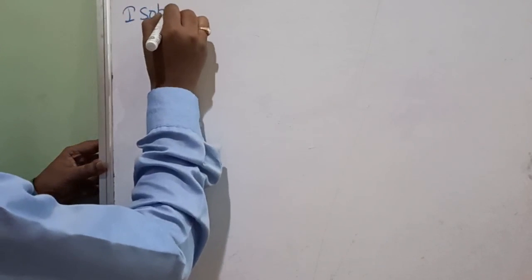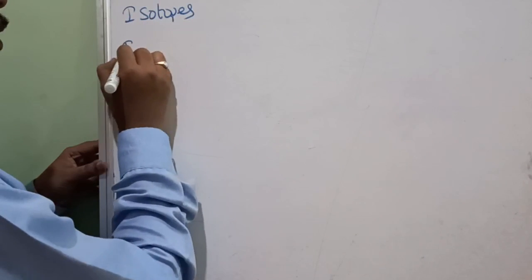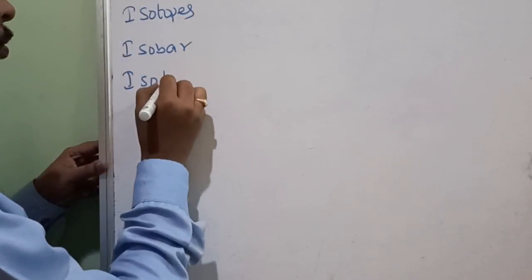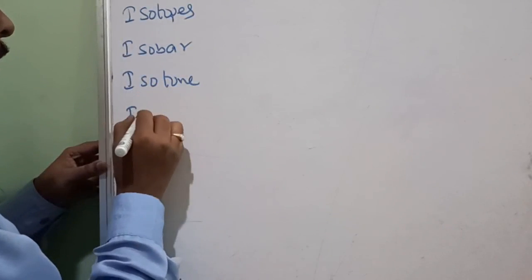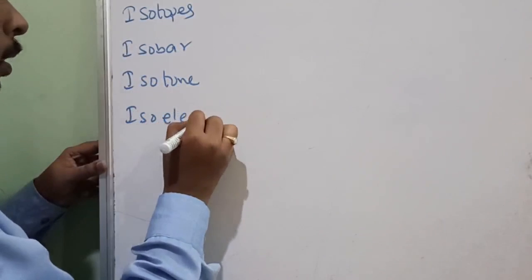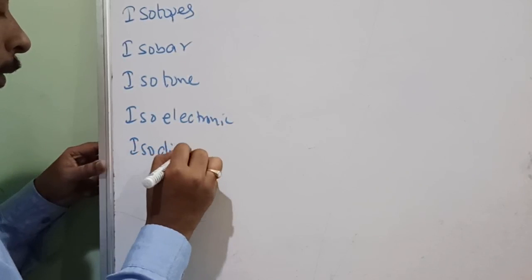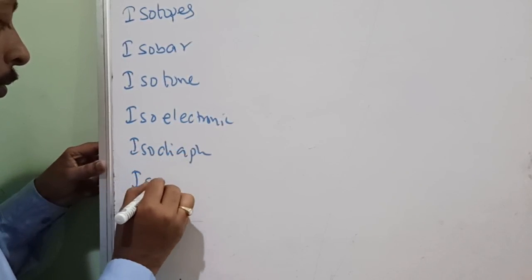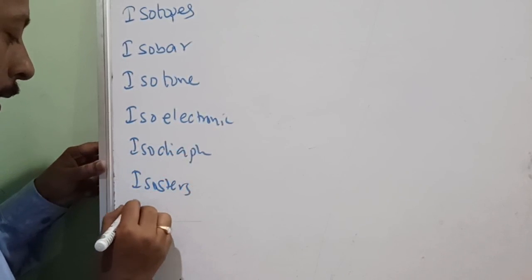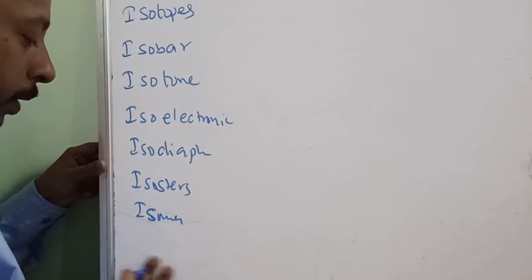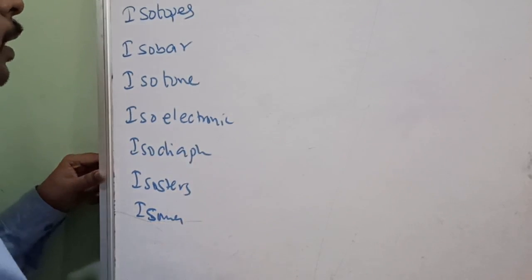So what have we studied first? Isotopes, isobars, isotones, isoelectronic, isodiaphers, isosters, isomers. Okay. So these are the topics we have studied.